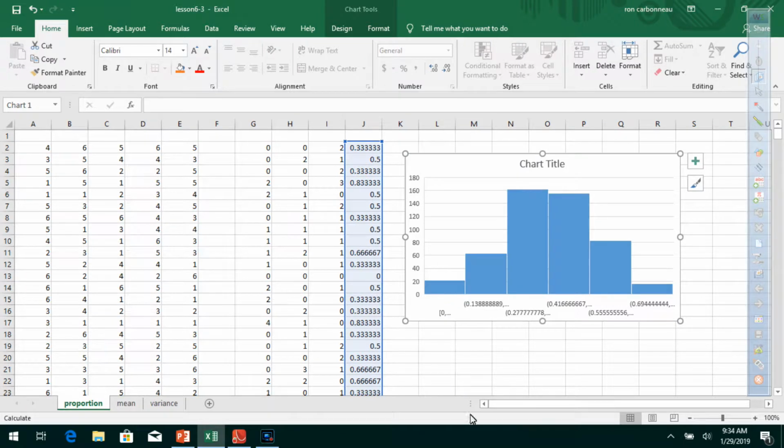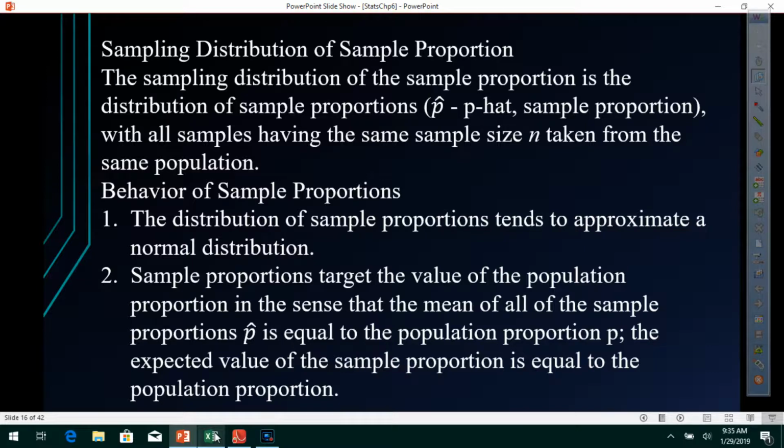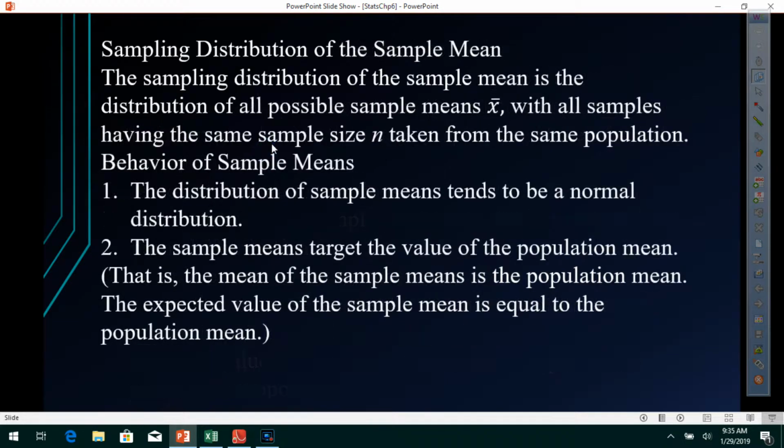Now it's approximating normal. Now the number of samples is 500, and the distribution is approximating a normal distribution. So that's an example of the sampling distribution of sample proportions.